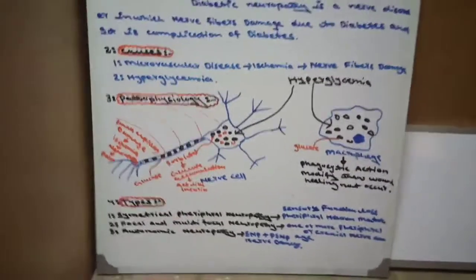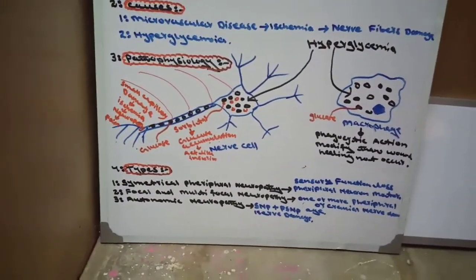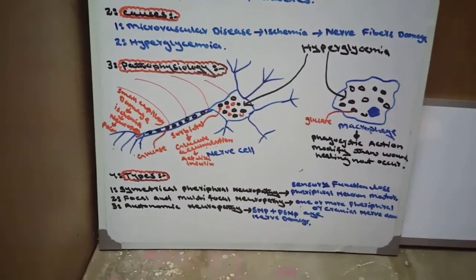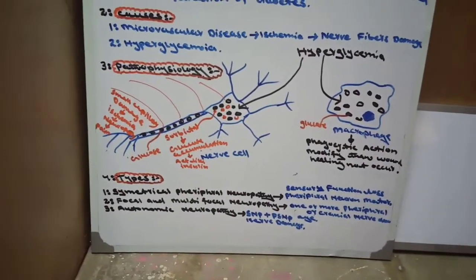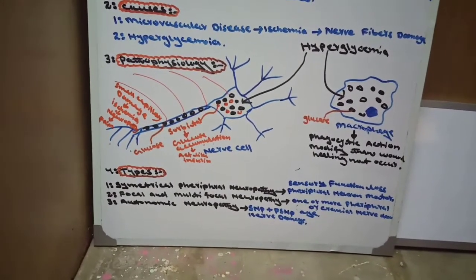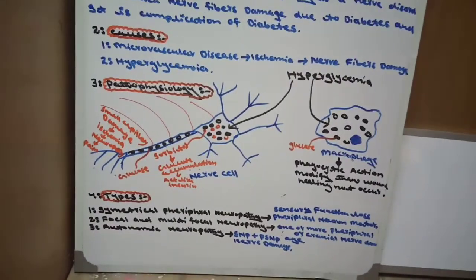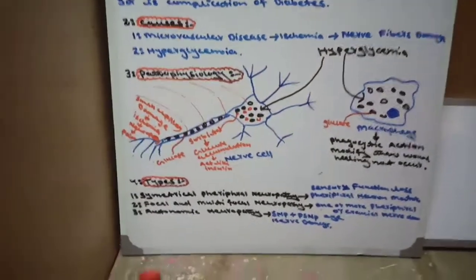The second question the professor always asks: a patient comes to the medicine ward, and the complaints are weight loss, polydipsia, polyuria, and also abdominal pain. Why does abdominal pain occur in diabetes? The answer is two.